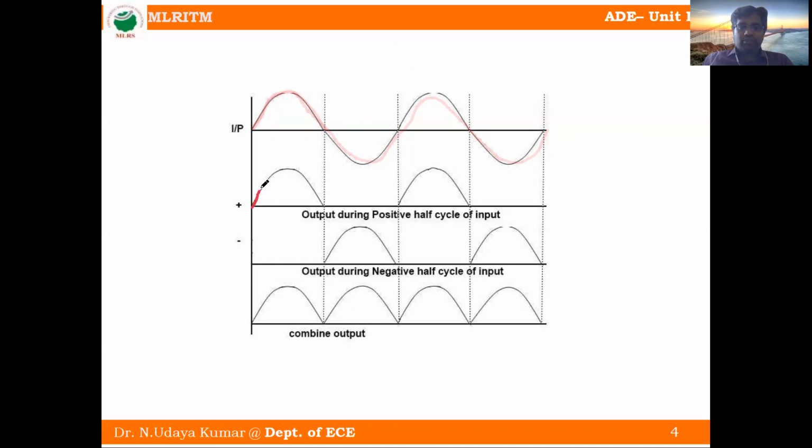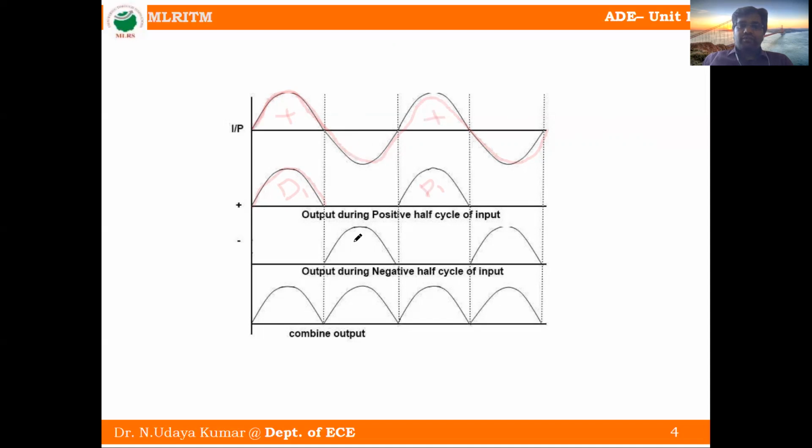This is the rectified DC. This one is diode 1. Diode 1 is on, then it rectifies. Diode 1 is on only for the positive half cycle or positive portion.